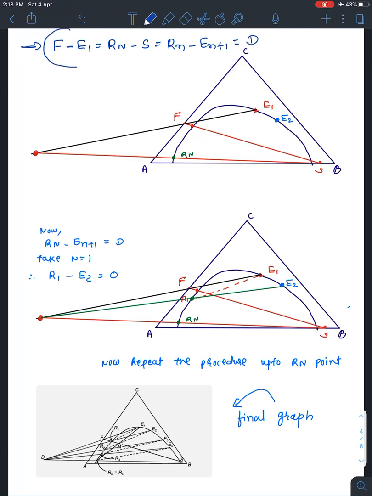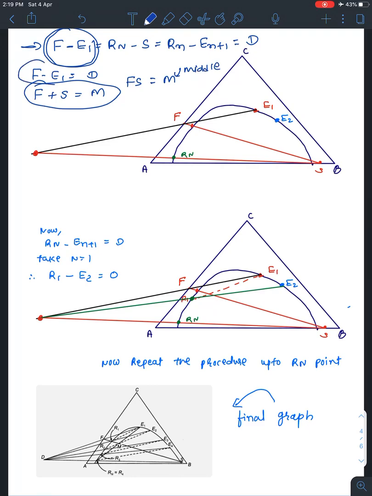So now focus on the first step, F minus E1 equal to D. Okay, I'll compare this with F plus S equal to M. Here we knew that on the FS line, M was the middle point. Now we have this equation, F minus E1 equal to D. So here, what is the middle point?